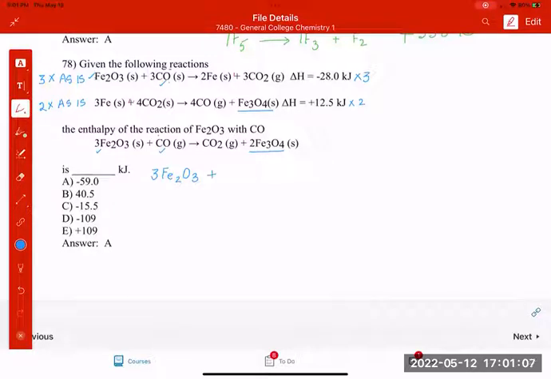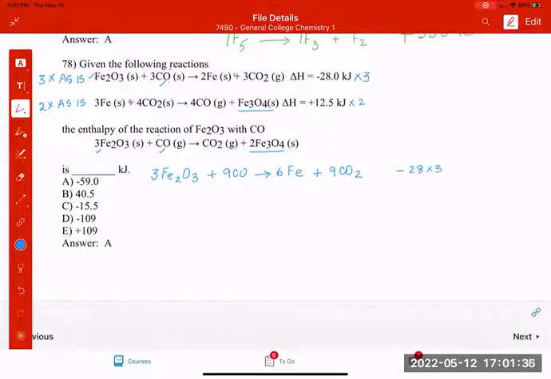Plus 3 times 3, 3 3s are 9 carbon monoxide, gives you 3 2s are 6 Fe plus 3 3s are 9 CO2. And then 28 times 3, what is that? 28 times 3, somebody do it.